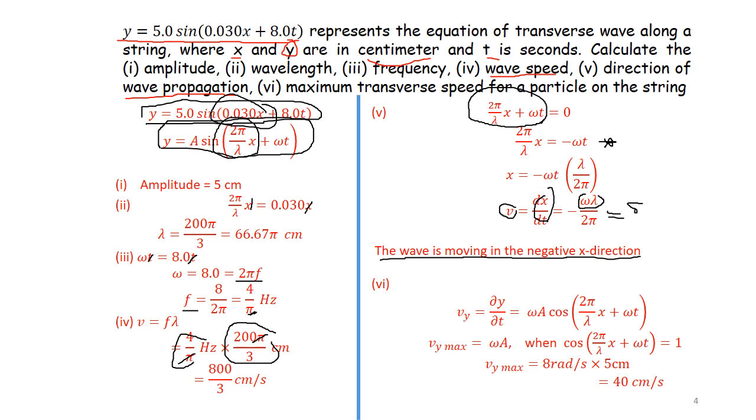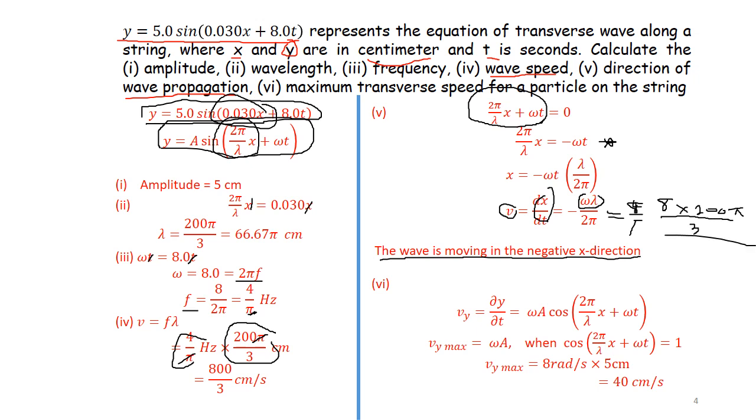Remember our omega is 8. Then the lambda is 200 pi over 3.